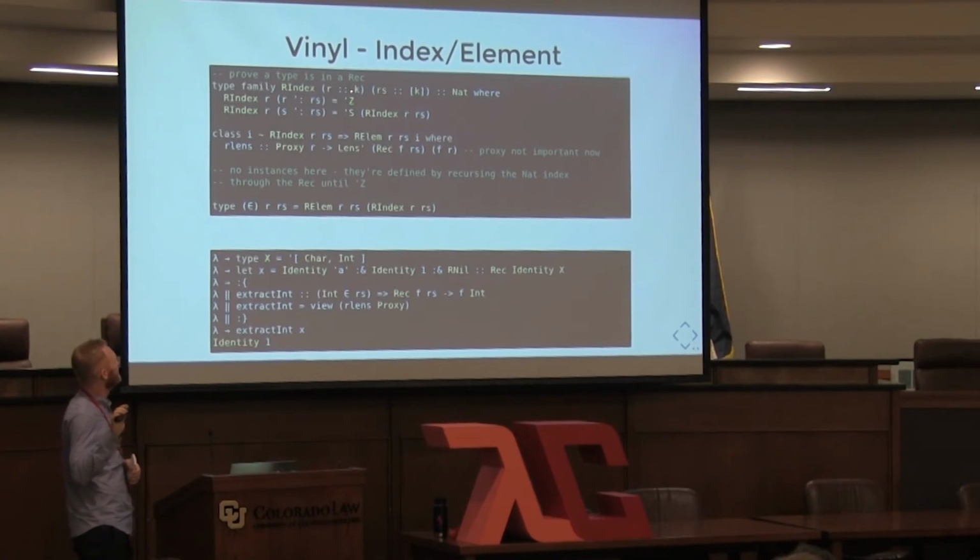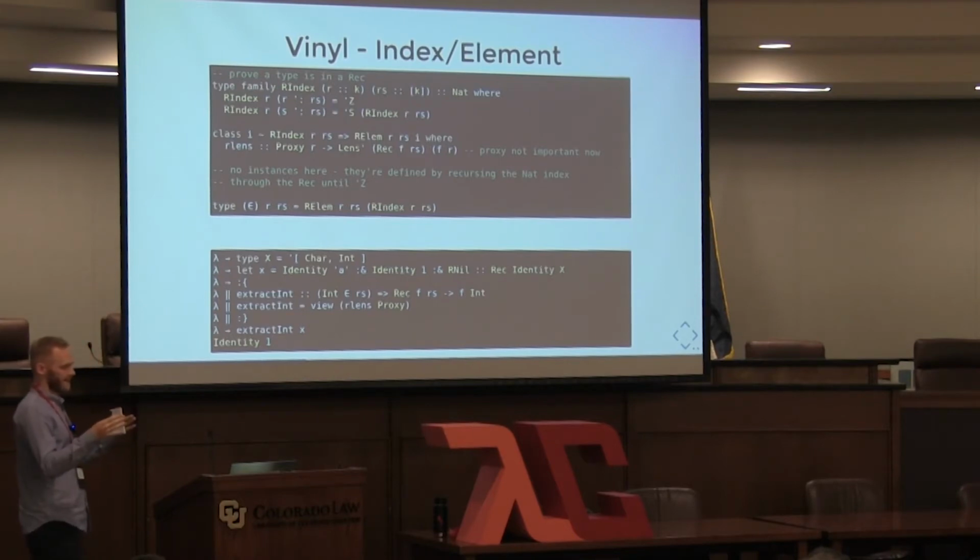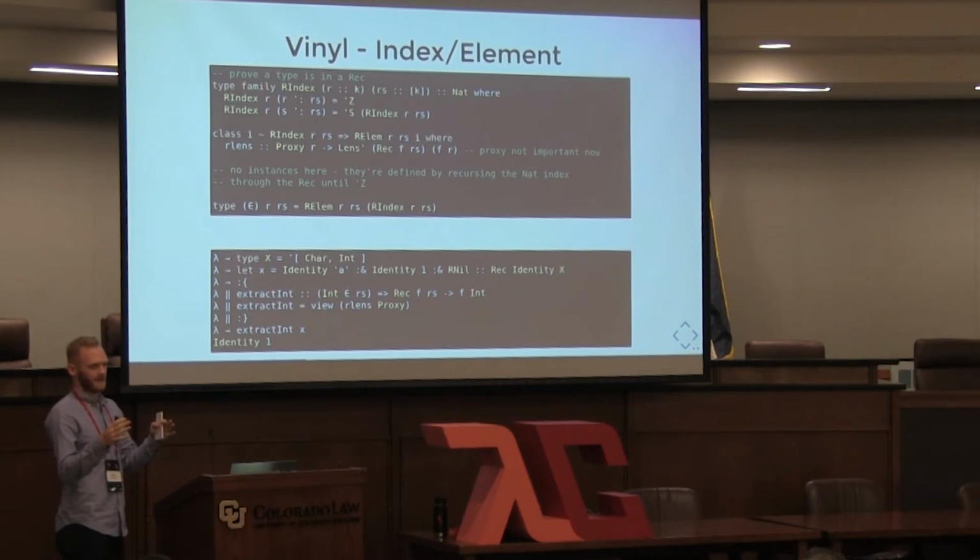And this tick is the data kind, Z, which just promotes the data constructor Z to a type. And so that's the base case. So this says if I find R in this type level list, then my index is 0. So it's at the beginning of this list.